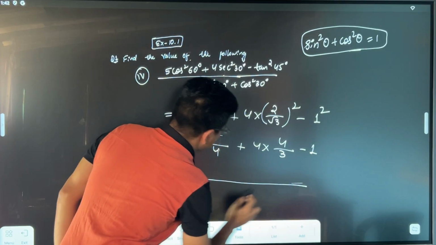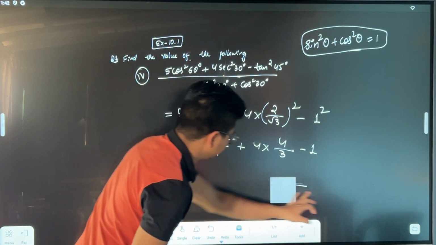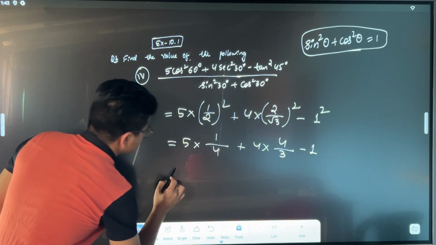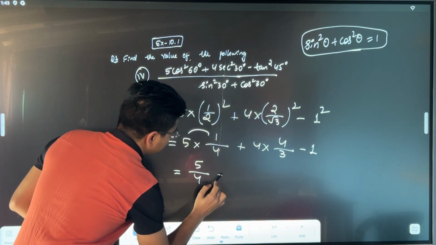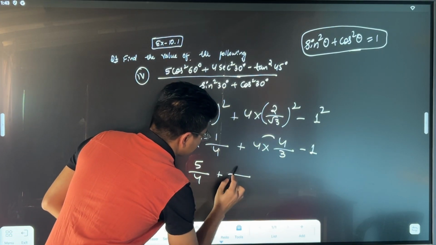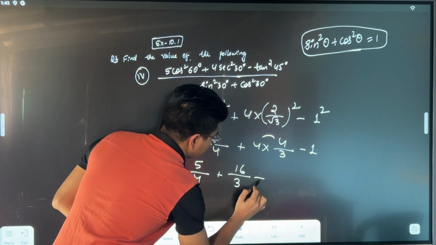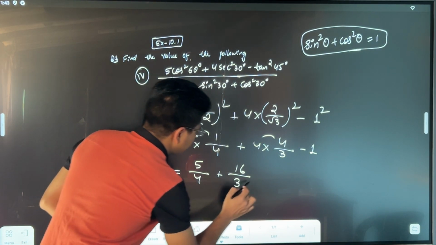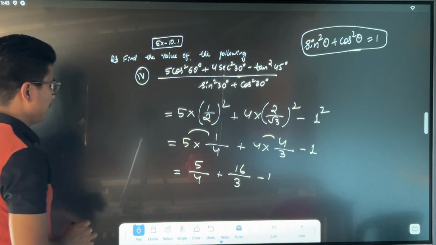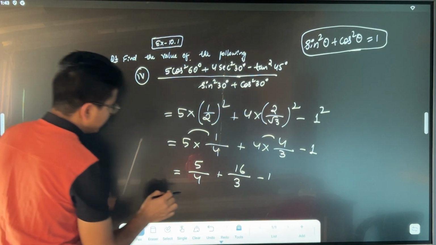Then you can take the LCM. Before that, let's write it in a simpler way: 5 into 1, 5 by 4, plus 4 into 4 is 16 divided by 3, then minus 1. Now take the LCM.